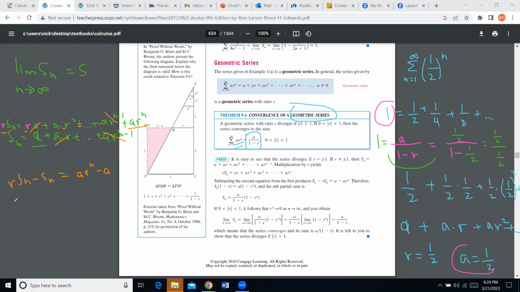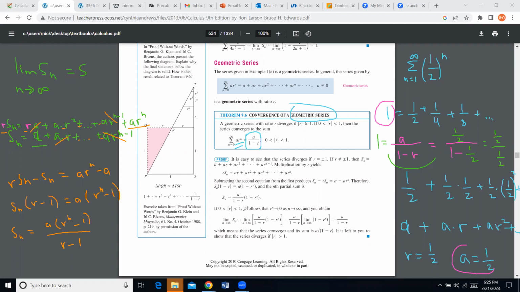And when I do a little bit of algebra, r minus 1 is here, and factoring out a, you're going to get r to the power of n minus 1, right? Then you can see what the nth partial sum is: a times this r to the power of n minus 1 divided by r minus 1.